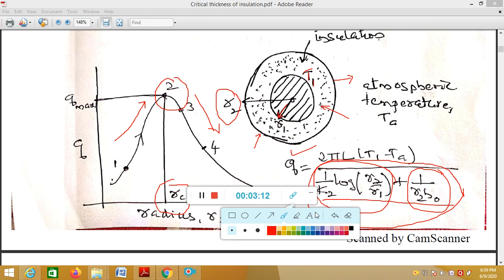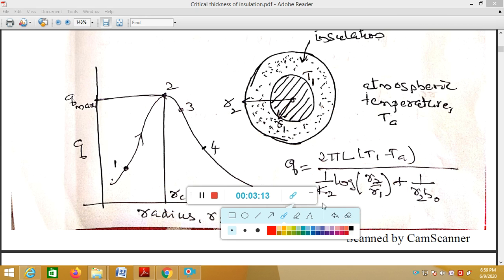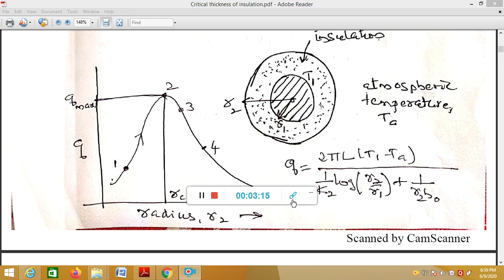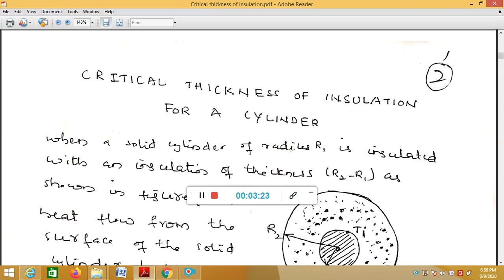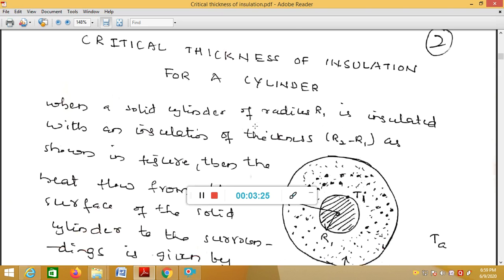Now we will derive an expression for the critical thickness of insulation for a cylindrical wire.